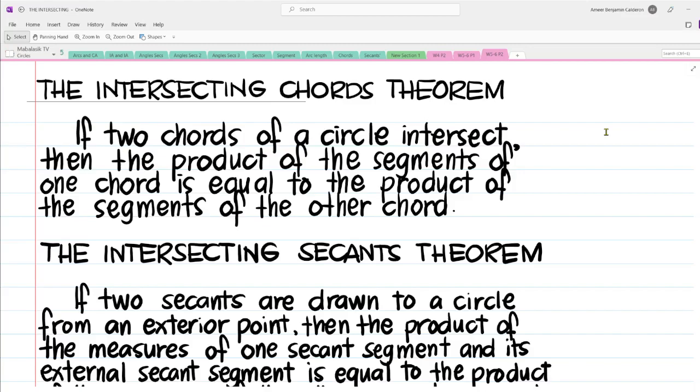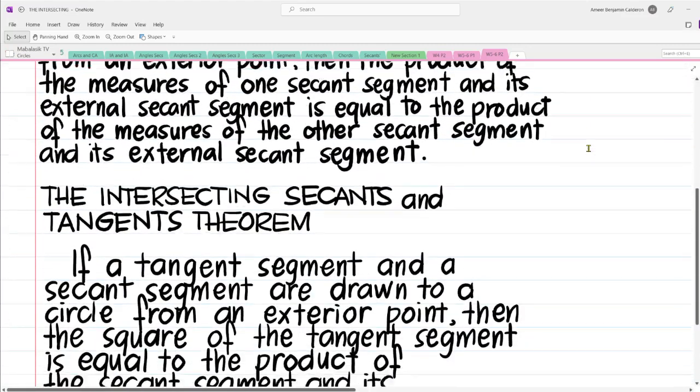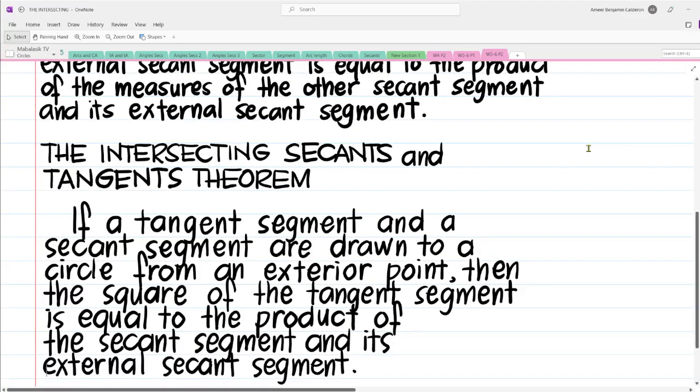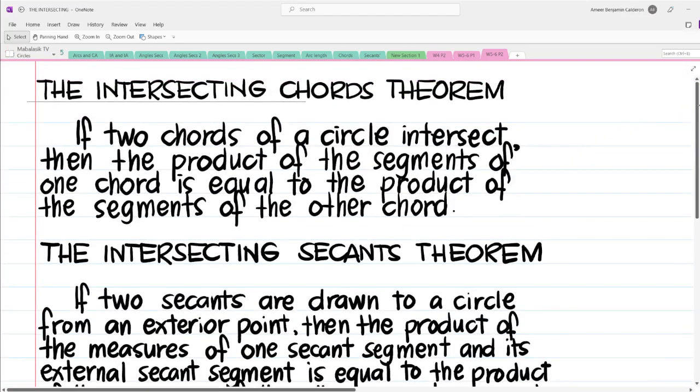We have three concepts right here: the intersecting chords theorem, the intersecting secants theorem, and the intersecting secants and tangents theorem. So let us go to our examples.